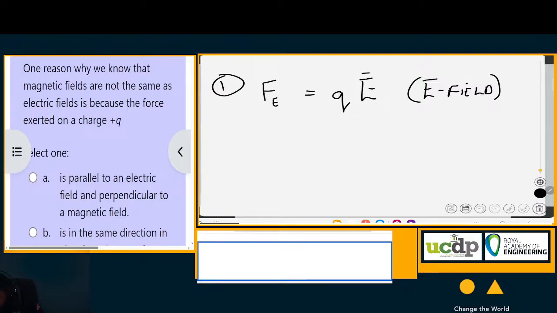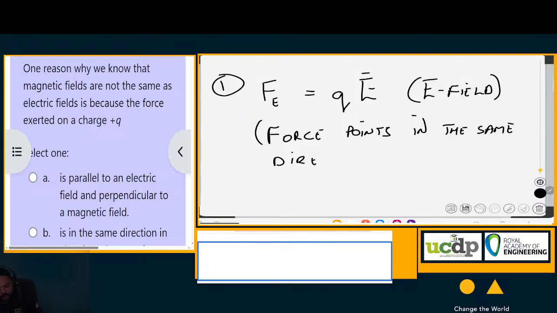Now, what else can we tell about this? Because Q here is positive, the force vector points in the same direction as the electric field.